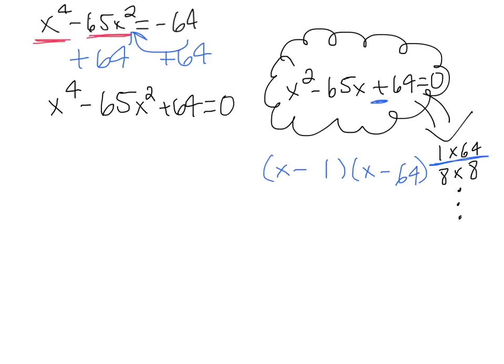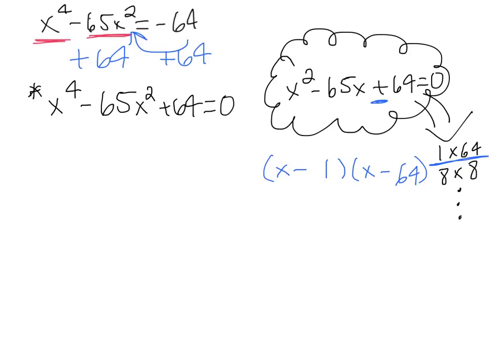But the problem is that it's not like that, right? Back to reality, we actually have x to the fourth minus 65x squared plus 64 equals 0.